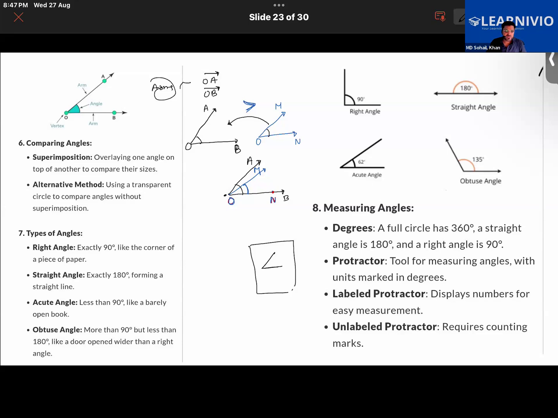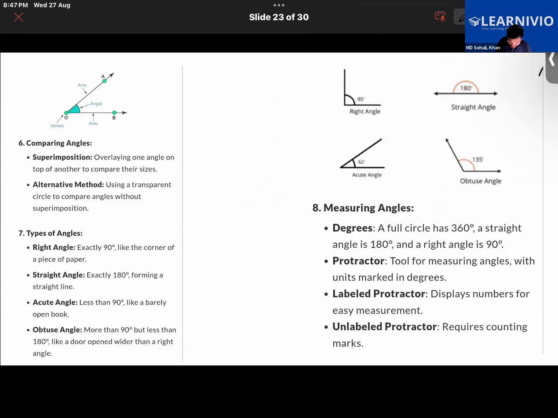We had learned about complete angle also. What is the measure of a complete angle? 360 degrees. And reflex angle, what about it? More than 180 but less than 360. Exactly.